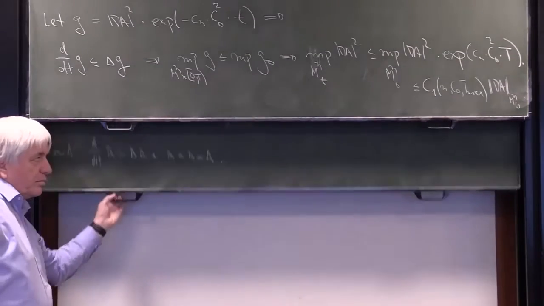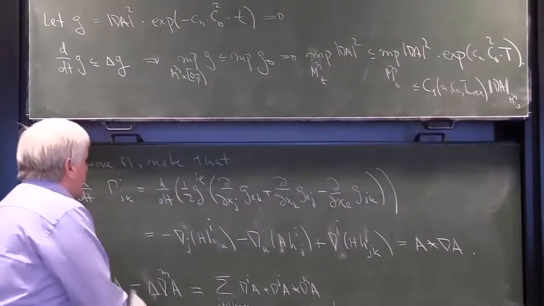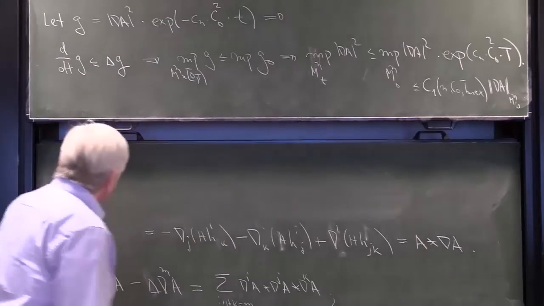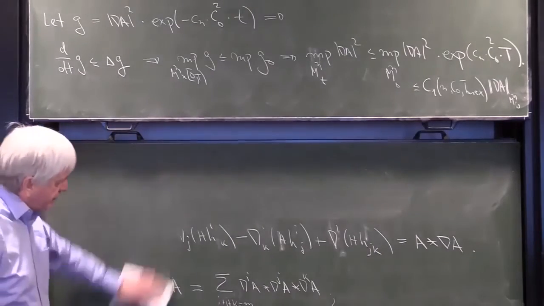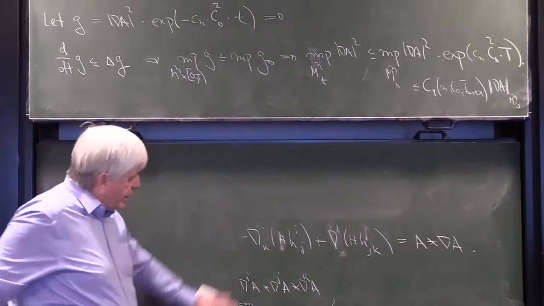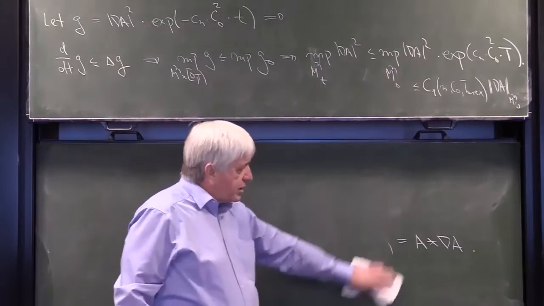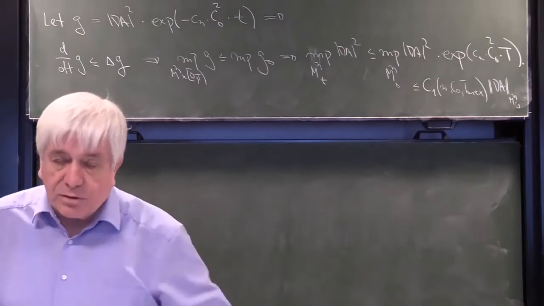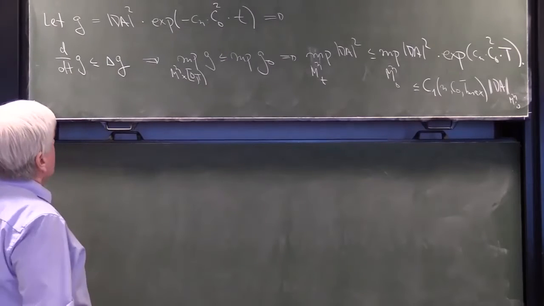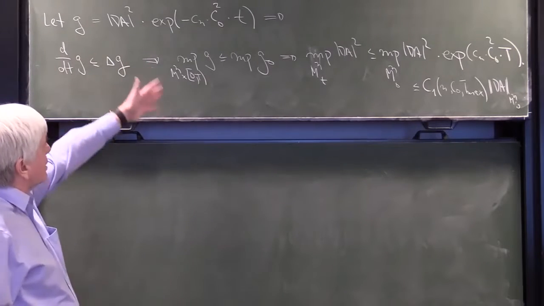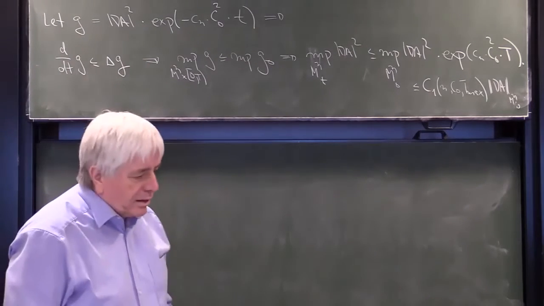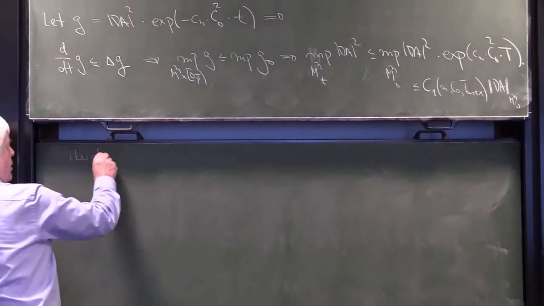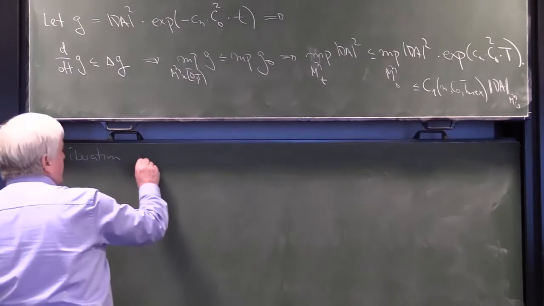Similarly, for the second derivative, you write down ddt of the second derivatives, and then you use the fact that you have already bounded the first derivatives, and the curvature is bounded by assumption, and then you get a similar inequality. So iteration works easily.